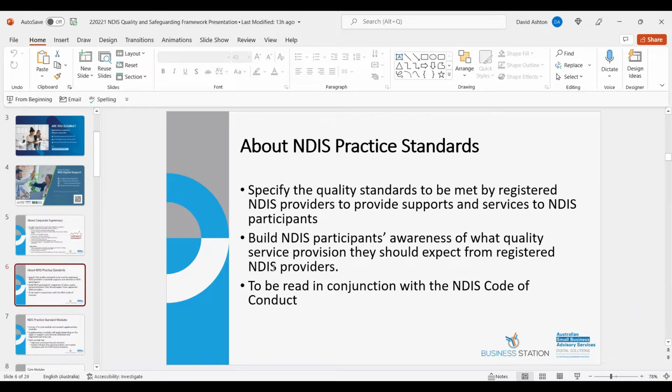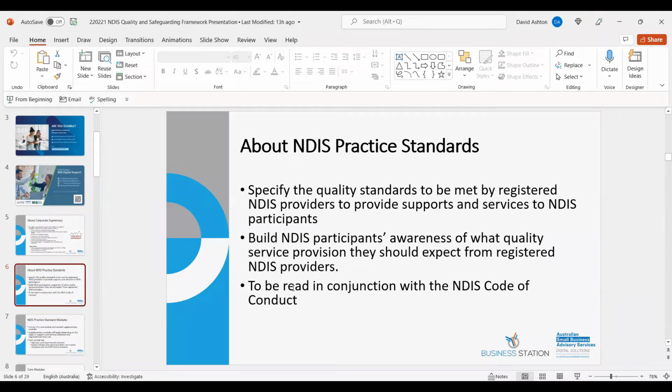But you also need to make your client, if we call them that, aware of what quality service provision they should expect from yourself. So it's about quality service, communication, and the like in terms of providing that quality service to your customer.